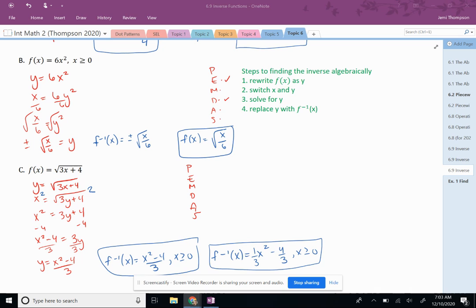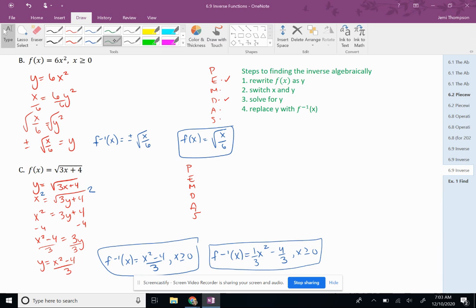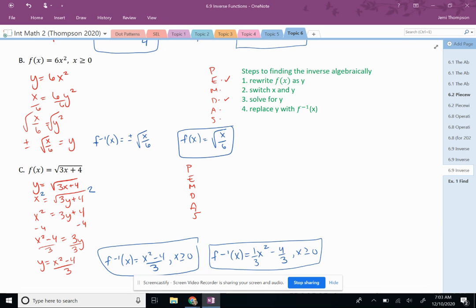So really, if we look through this, and if you just use these steps in green to find the inverse, here are some hints for you. When given some kind of x squared function, restrict the domain by using x is greater than or equal to 0.